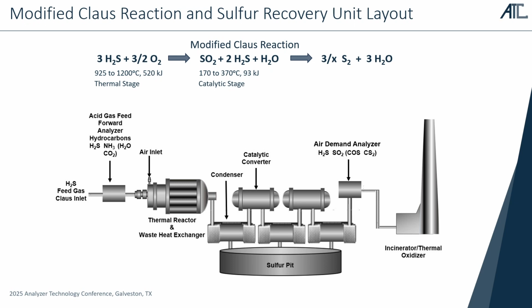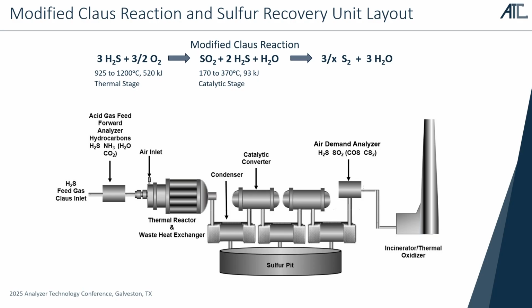A couple things that are important about this. The reaction is somewhat bidirectional, so unless you remove the reaction products, it only achieves about a 60% completion rate. So it's important that we continuously remove the sulfur to keep moving the reaction forward to increase efficiency.